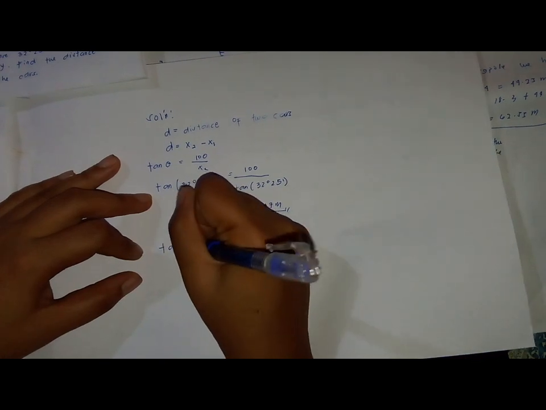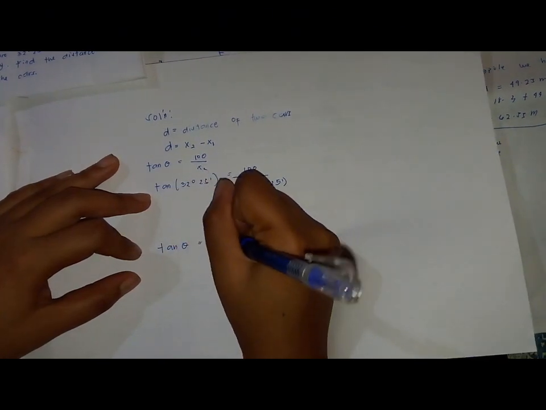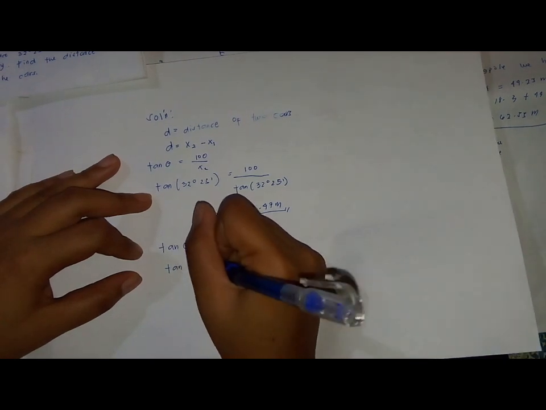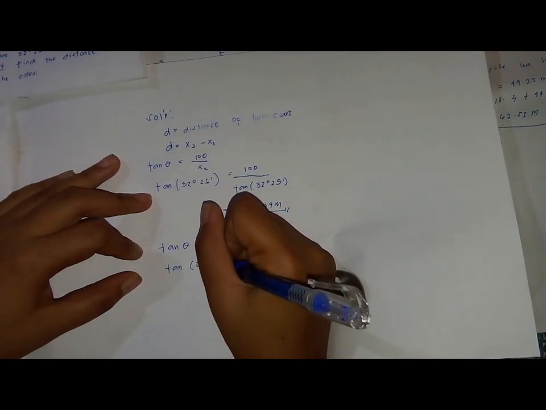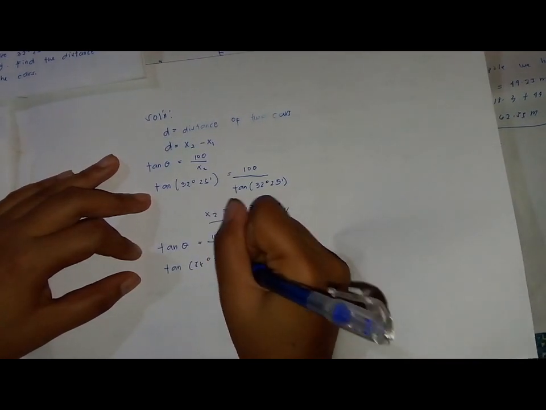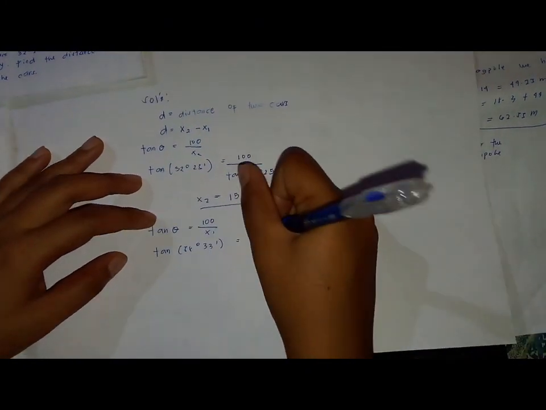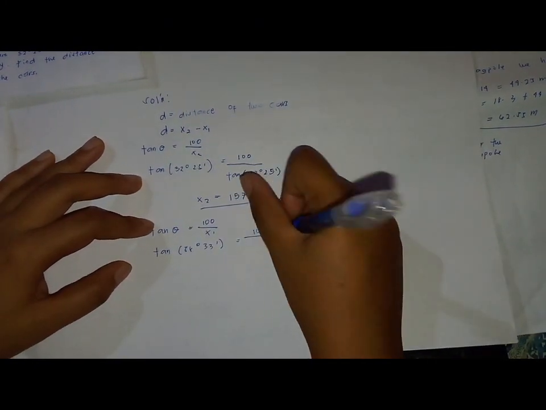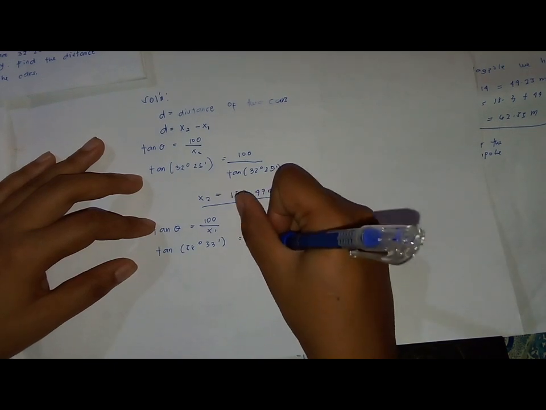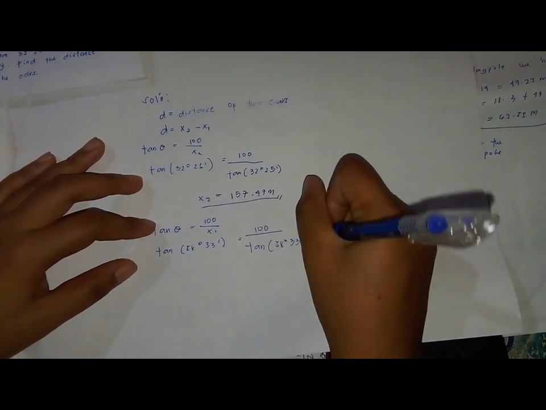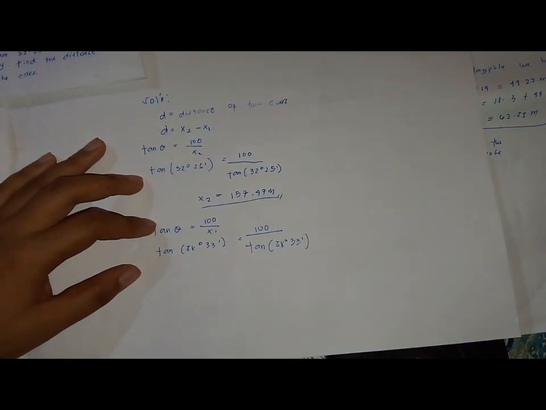While tan theta equals 100 over x sub 1, tan 58 degrees and 53 minutes equals 100 over x sub 1.